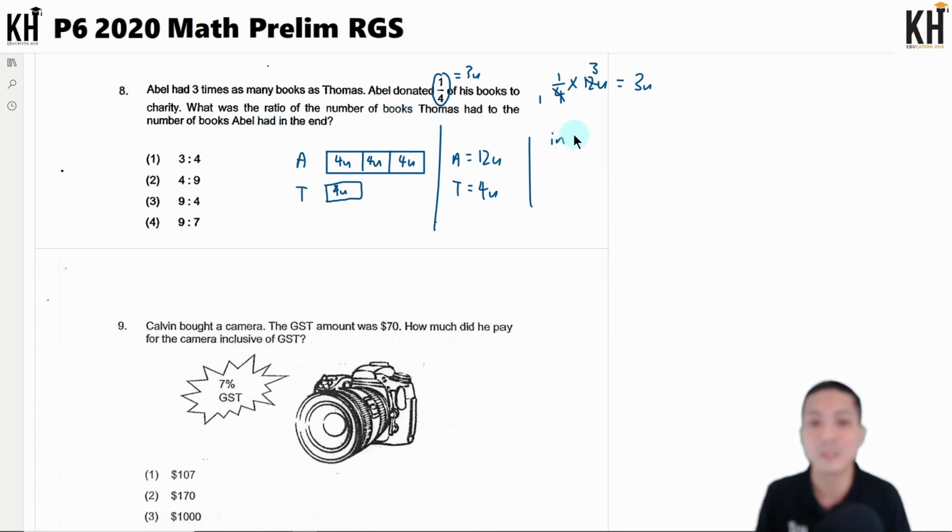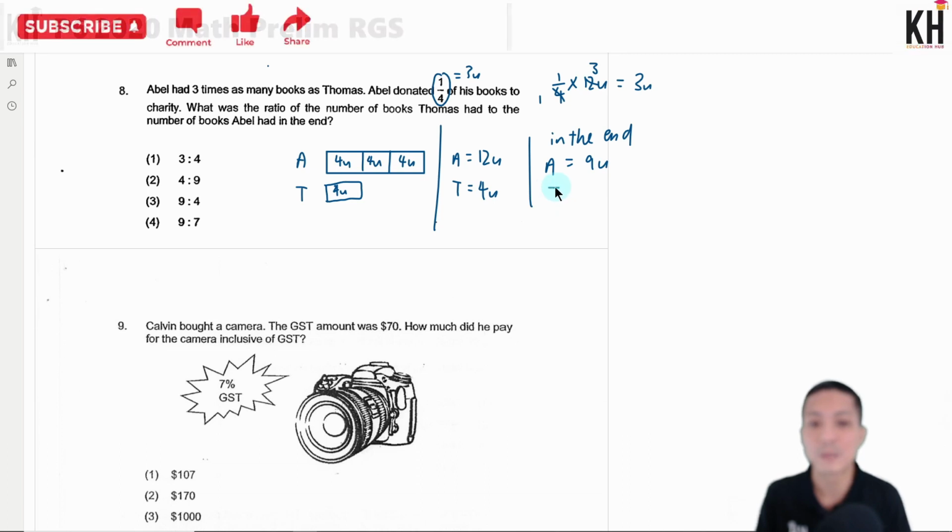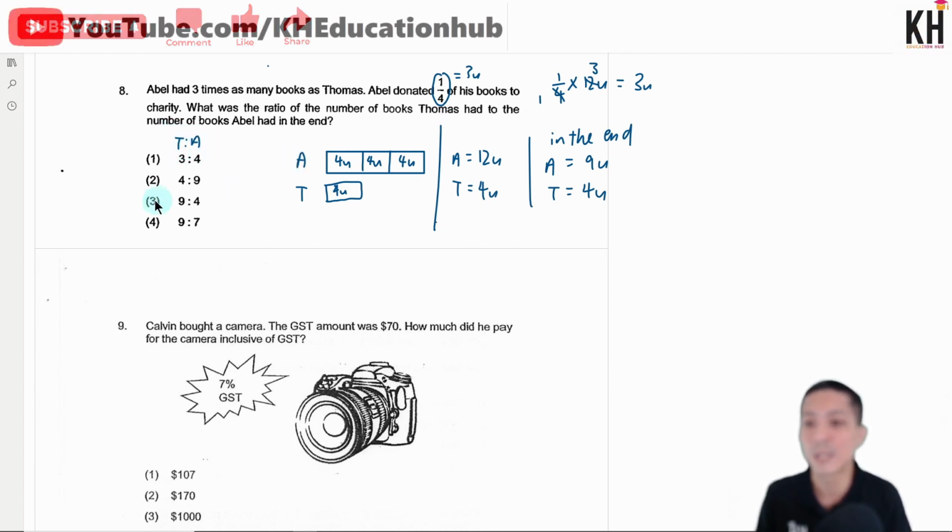So in the end, Abel will be 9 units, Thomas will still be 4 units. So they want Thomas to Abel, so T is to A will be 4 is to 9. Okay, so the answer will be number 2.